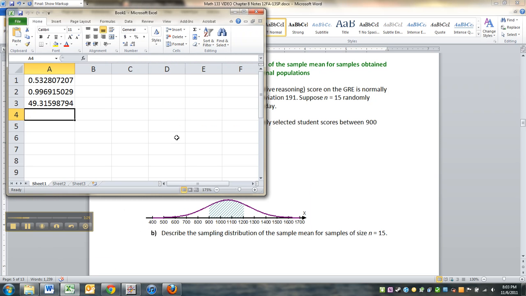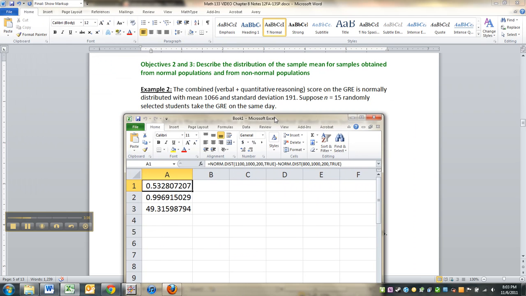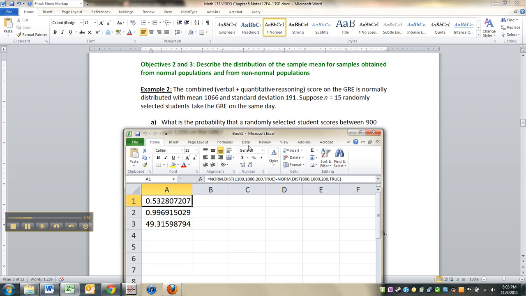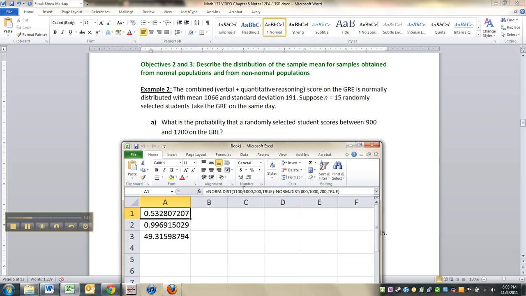Well, I could find that with Excel. All I'd have to do is pretty much what I did here, right? It was 1200, so norm dist of 1200, where the mean was 1066, standard deviation is 191, true, minus, and then now take 900, the mean is 1066, standard deviation is 191, true.